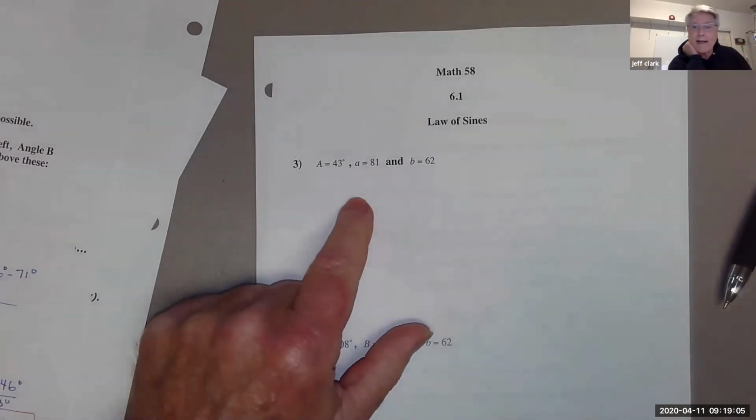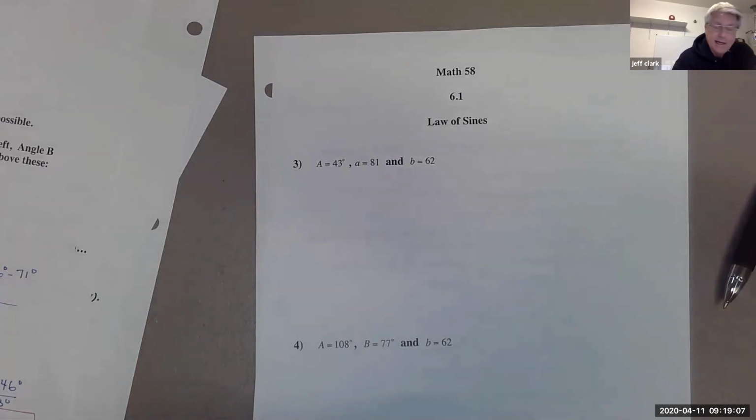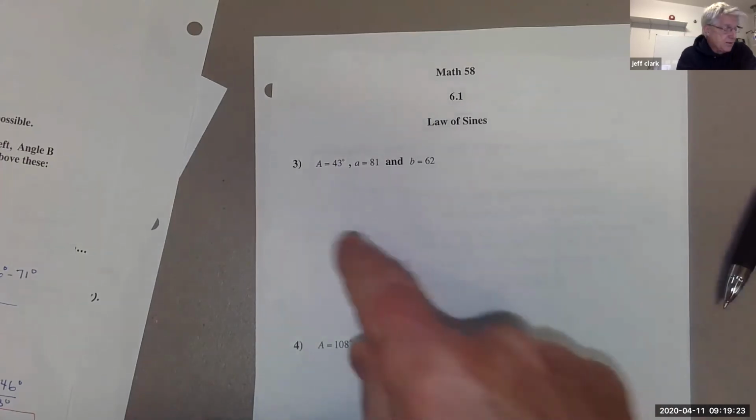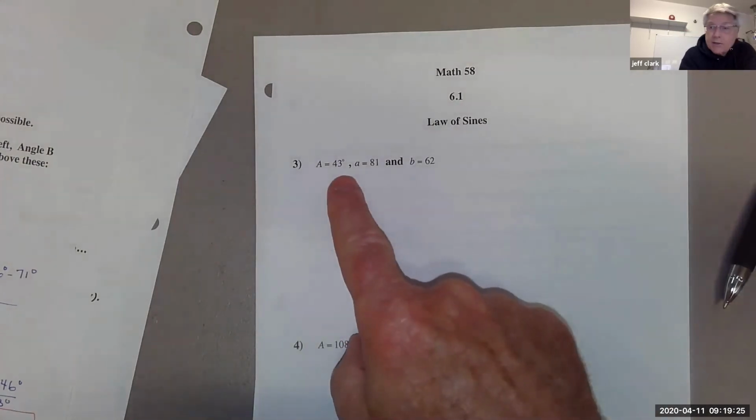The question I might have for this one, remember I said in order to do law of sines, you have to have an angle and its associated side to be able to do it at all, period. So if I look at this, I can do it.